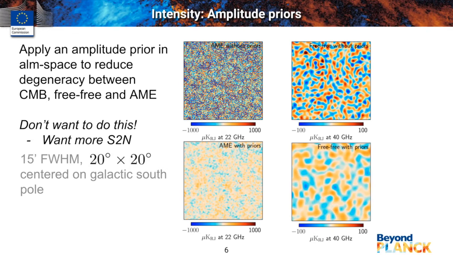So the plots on the right here show a 20 by 20 degree area around the galactic south pole, where we reduce the CMB leakage into the amplitude components of the AME on the left and the free-free on the right by applying priors in alm space. So again, this is a measure necessary because of the low constraining power.